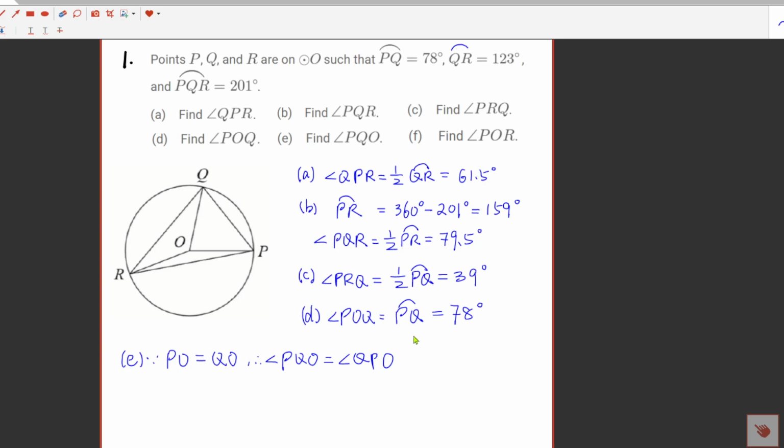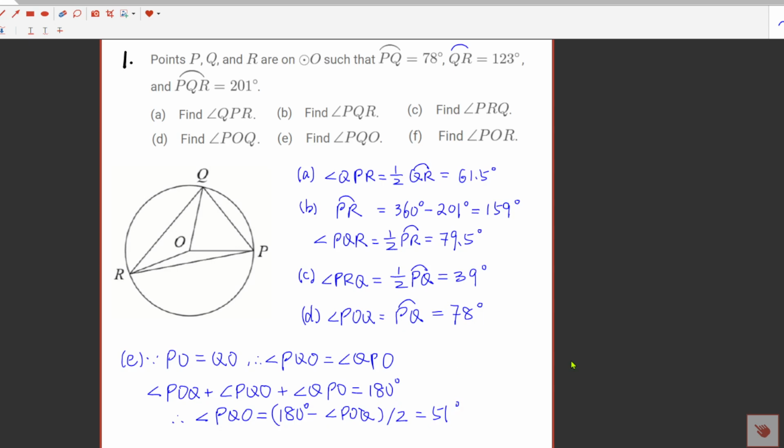And from this triangle, we have angle POQ plus angle PQO plus angle QPO equals 180 degrees, right? Therefore, we have angle PQO equals 180 minus angle POQ, divided by 2, and this gives us 51 degrees, right?